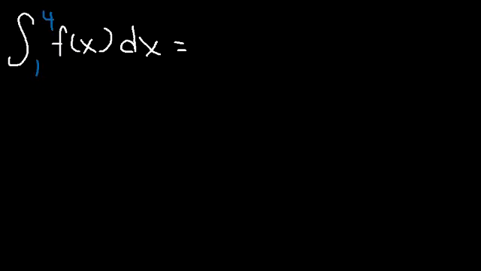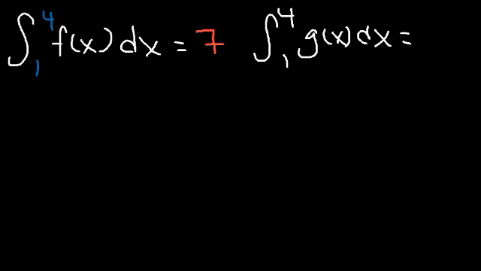Let's talk about properties of definite integrals. So let's say the integral from 1 to 4 f of x dx is 7, and the integral from 1 to 4 g of x dx is 9.